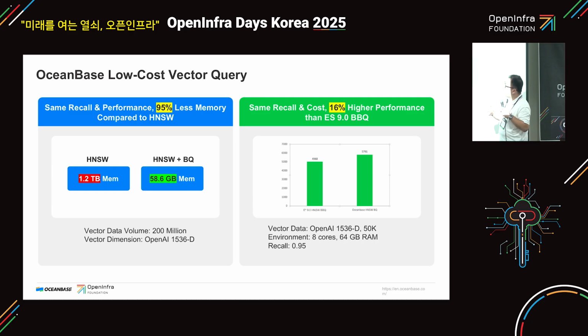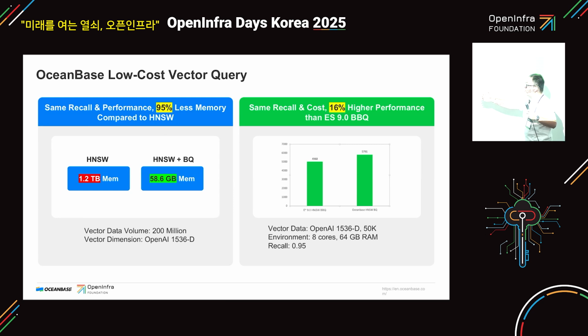And next, let's introduce OceanBase's feature, vector query. Compared to normal databases with the HNSW algorithm alone, OceanBase combines the HNSW algorithm with the BQ algorithm. For the same data size, the database with HNSW alone needs 1.2 TB memory.